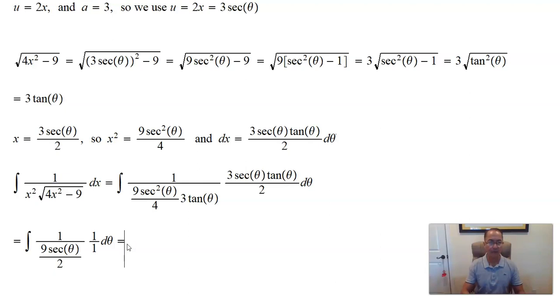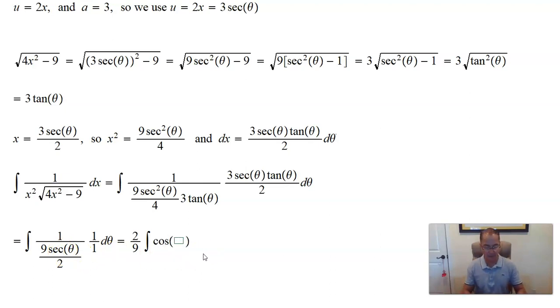So, wow, a lot of it went away, and we will flip the 2 into the numerator, so we get 2 over 9, new fraction, which we can take outside, and we have integral of 1 over secant. Oh, wait a minute.